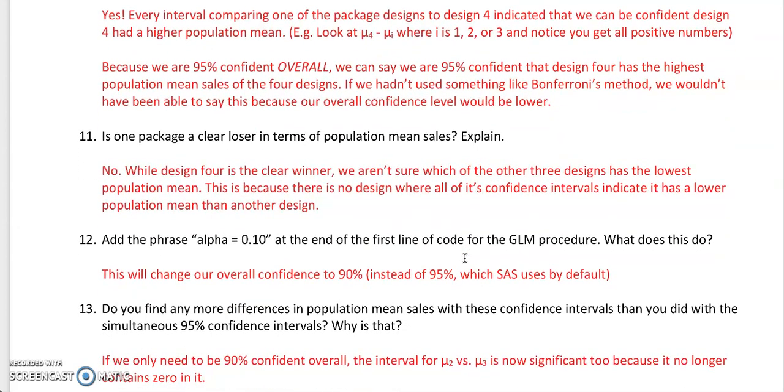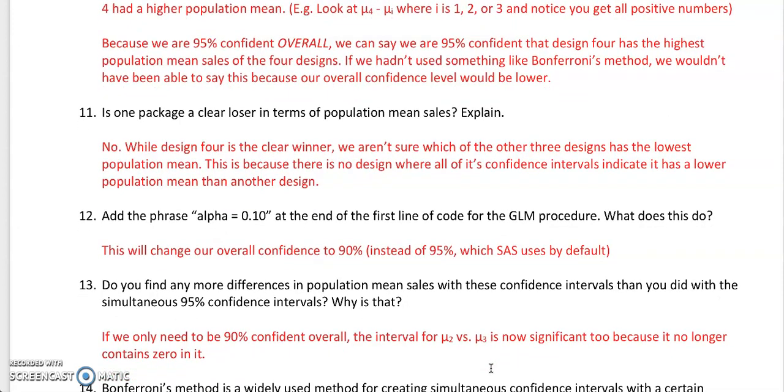And so when you do this, you'll see that if you only need to be 90% confident, we can actually add in at that point that we're 90% confident that design 2 and design 3 also have different population means. So try this for yourself. Let me know if you have questions or anything on it.